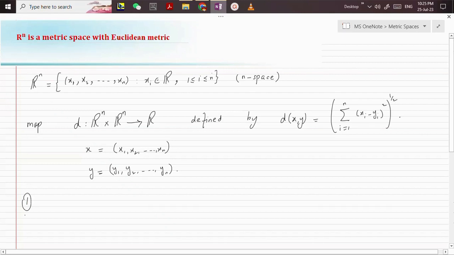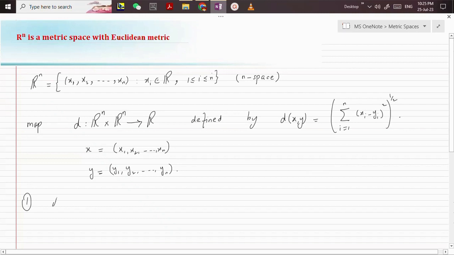So it is clear that d involves the summation of (xi minus yi) whole square, i from 1 to n. Since there is a square involved in the definition of d, and the sum of all the squares is also non-negative, and then if we take the power 1 by 2 of this summation, we shall also get a non-negative real number.